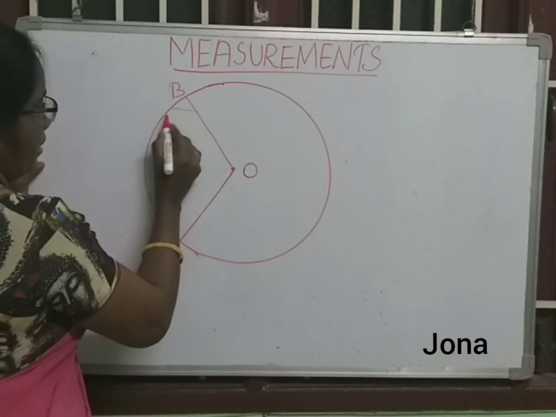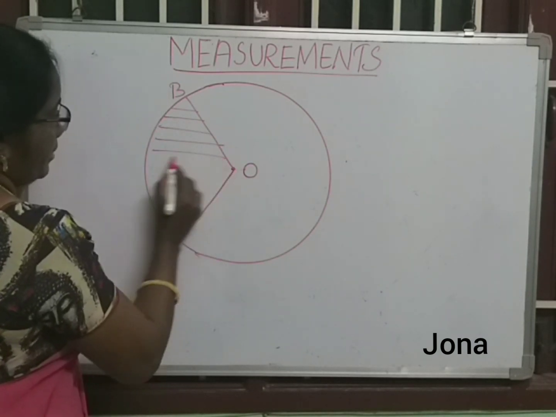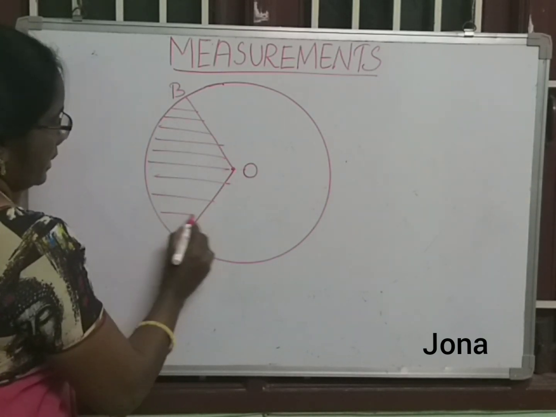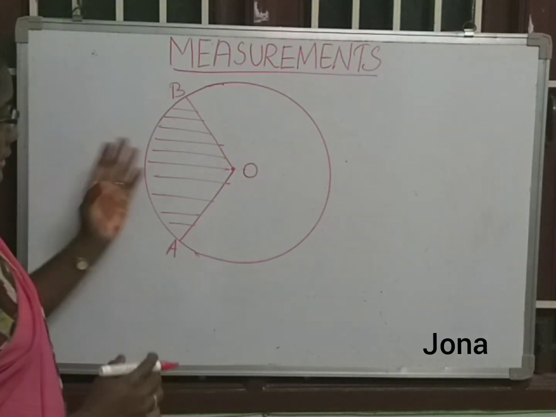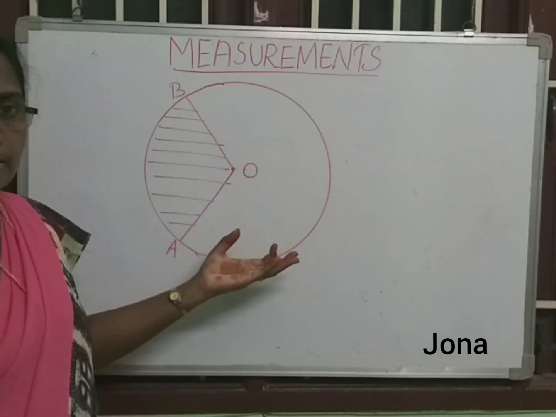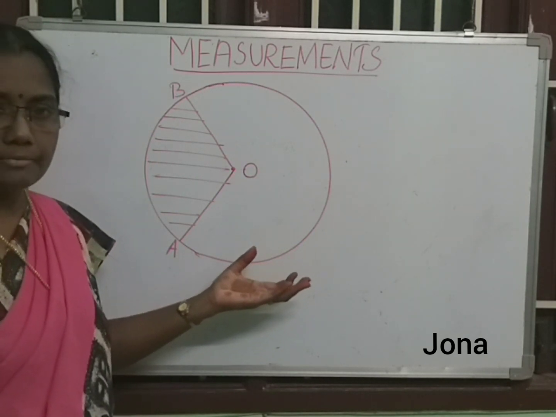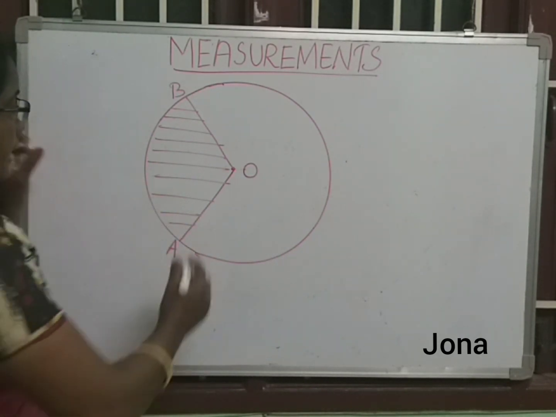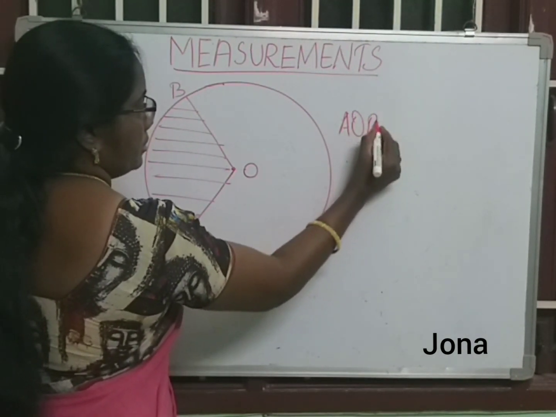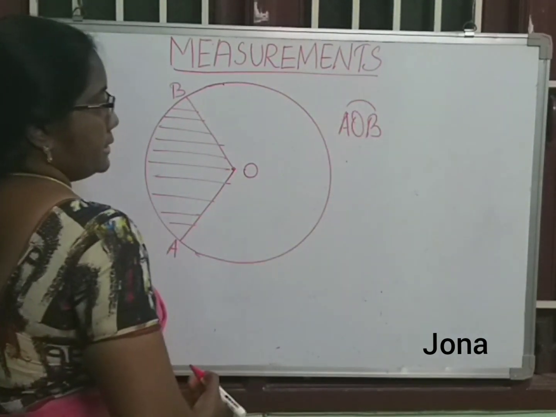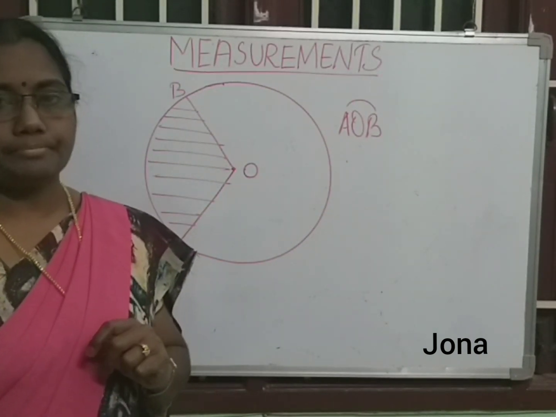This is one part, the small part, and here I have the biggest part. So each part I can say is a sector of the circle. Here AOB. I can say this is a sector.